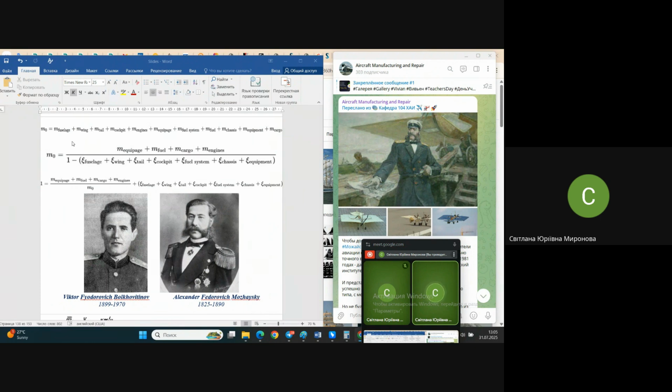In order for it to fly, we need to move it through the air in order to have lift. And it means that we need some propulsion system, and it means that we need some power plant. The power plant needs to work on some fuel.